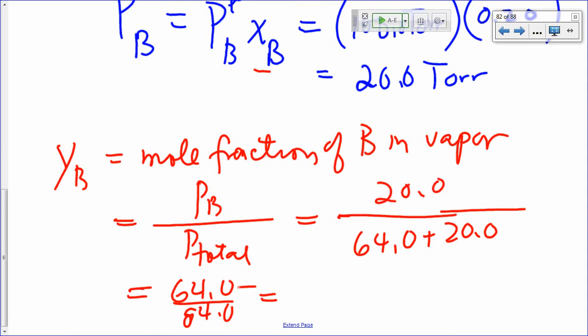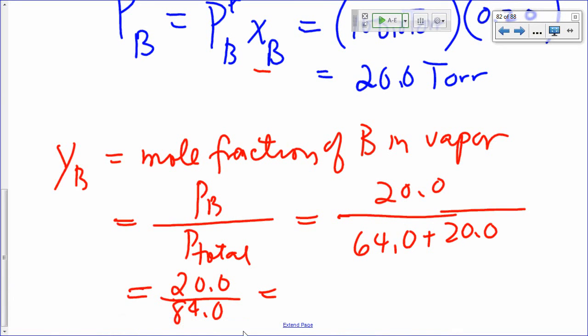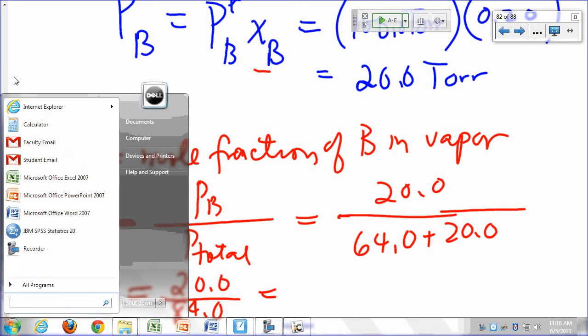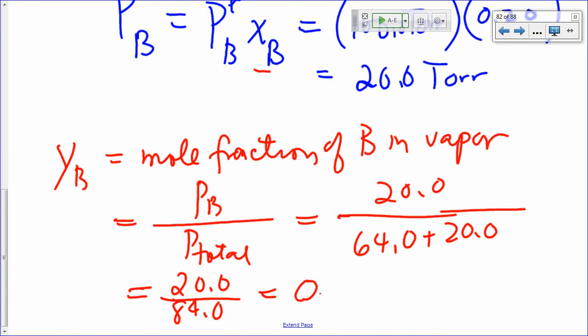This is 20.0 over 84.0. 20 divided by 84, small fraction is 0.238. Okay? That's as expected. We expect our vapor to be richer in the more volatile component compared to the liquid.